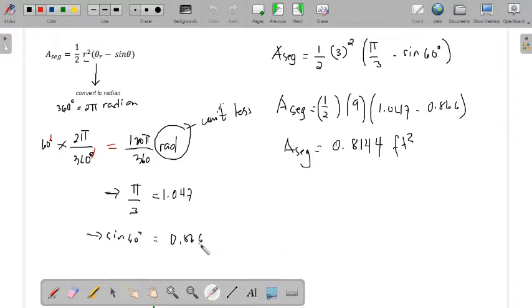Why do we need that? Because we have to get the area of the segment. So we have 1/2, r is 3, and then theta in radians minus sine theta, the segment is 0.8144.